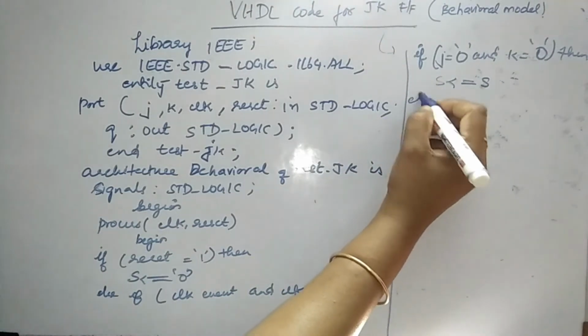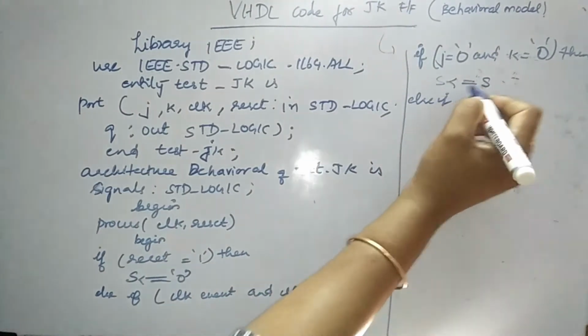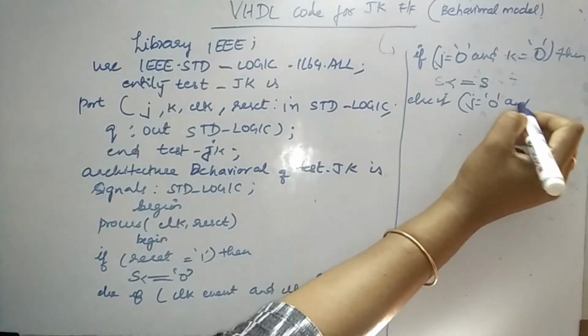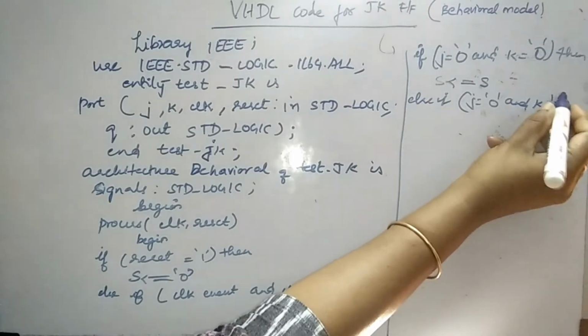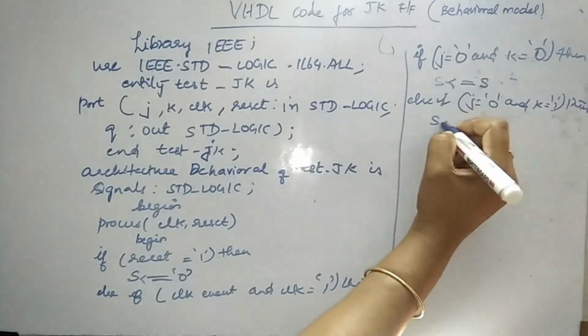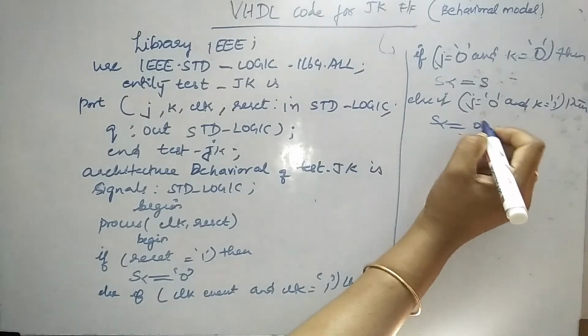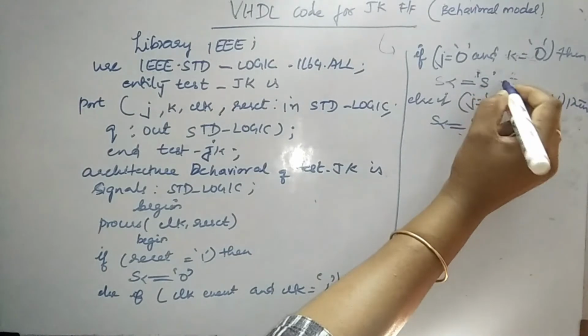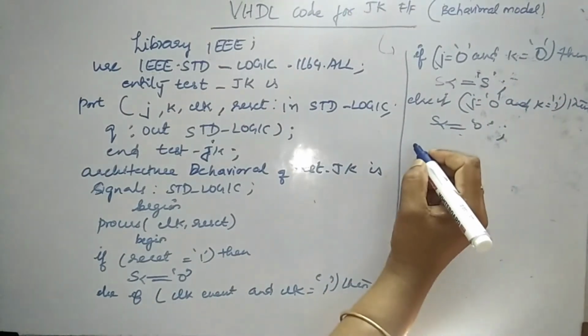Else if, let's go to the next condition, when J is equal to 0 and K is equal to 1, then our output is equal to 0.